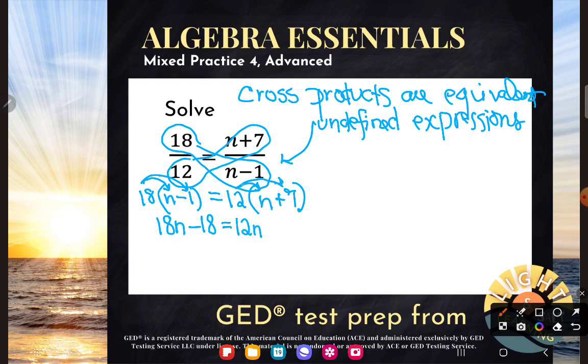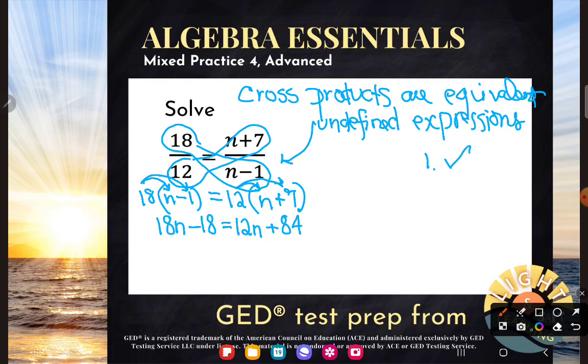And notice how this simplifying is just on one side. And then 12 times positive 7 is plus 84. Wonderful. Looking on the left-hand side, 18n minus 18, can't simplify that any further. Right-hand side, 12n plus 84, can't simplify that any further.